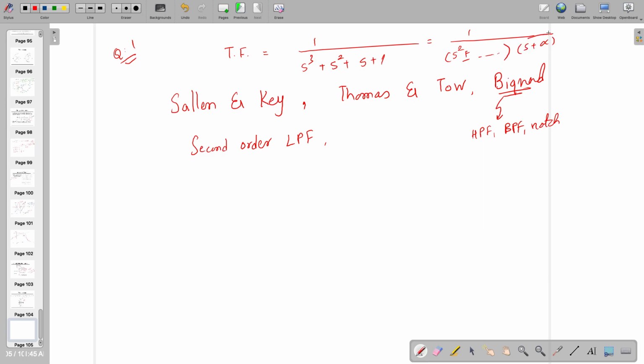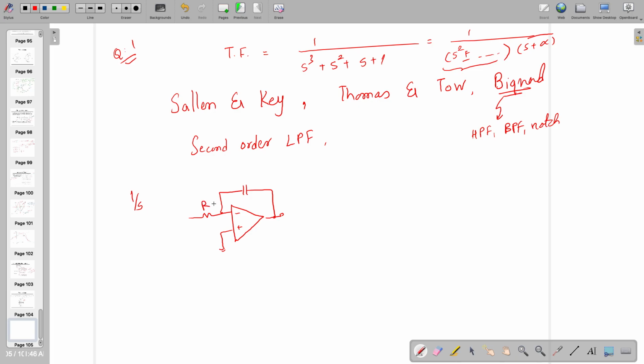Sorry, is it correct? So you can implement this part using any one of the configurations, and you can multiply the next part with, if it is s plus alpha, how to implement that, by the way. If it is 1 by s, it's very easy. We have done it earlier.